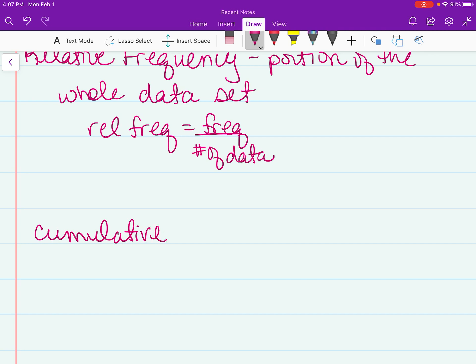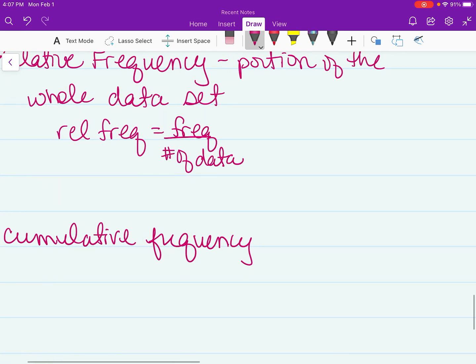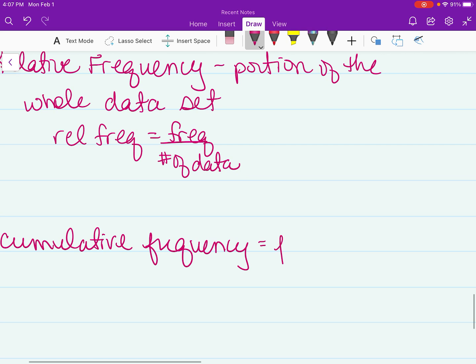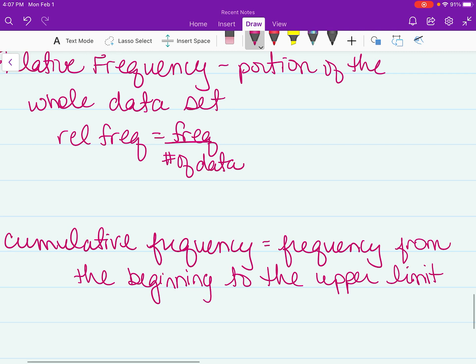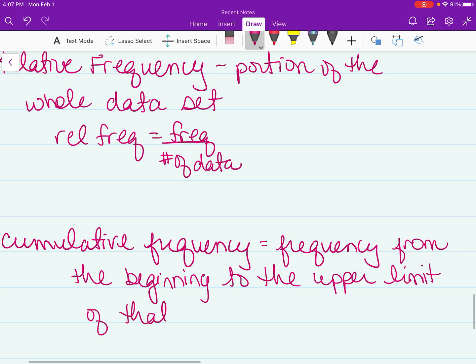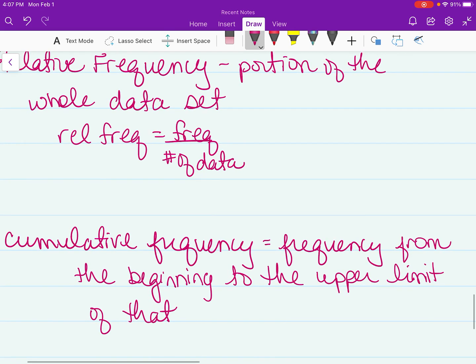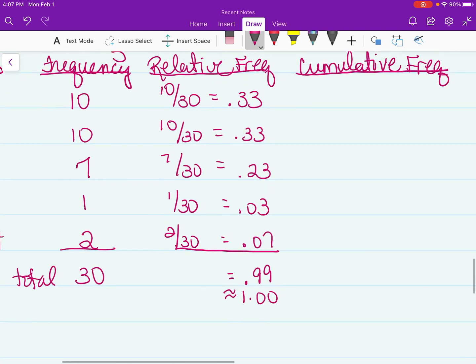Cumulative frequency is the frequency from the beginning to the upper limit of that class. So from the beginning to the upper limit of that class.